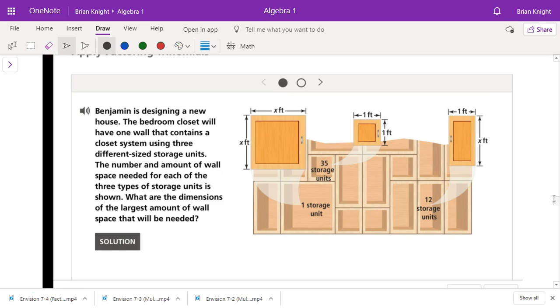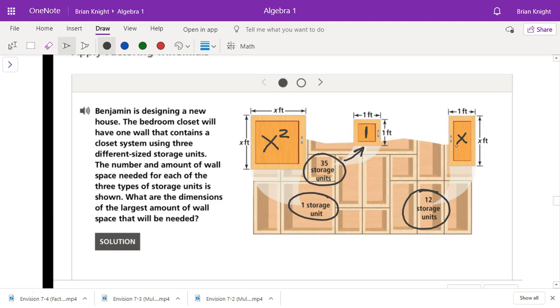So how many of these do we have? One. What is the area of this one? 2x squared. Okay? We have how many of these? 35. What's the area of that one? 1 square foot. And we have how many of this one? 12. And what's the area of that one?